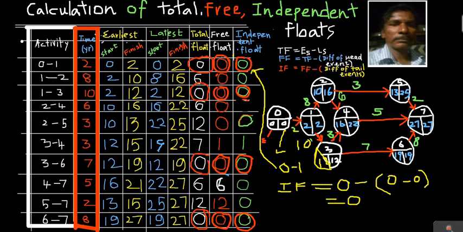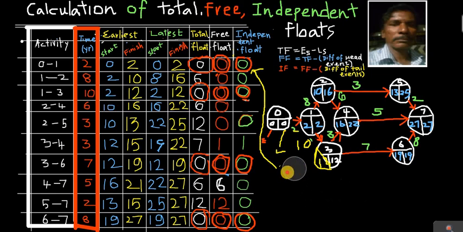Okay. So I will take another one, 3 to 4, and find out the independent float. This activity 3 to 4 I am taking and calculating the corresponding independent float.